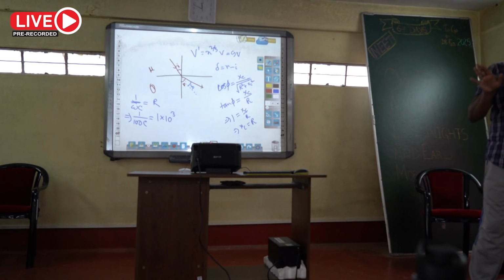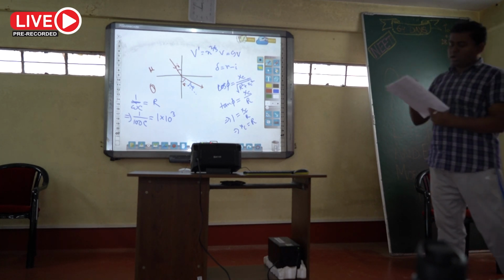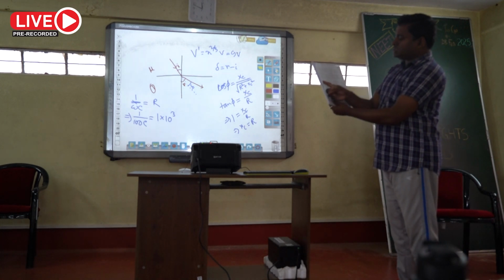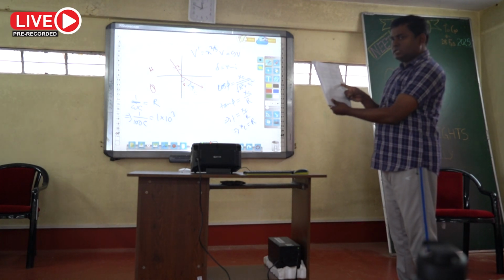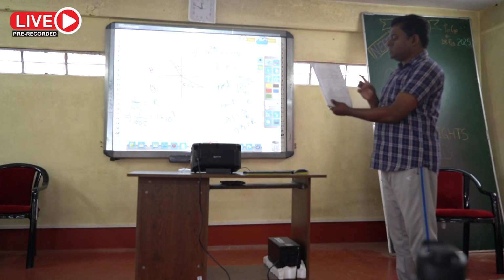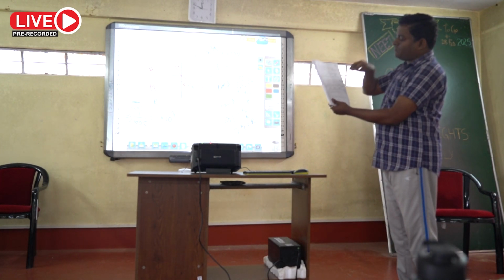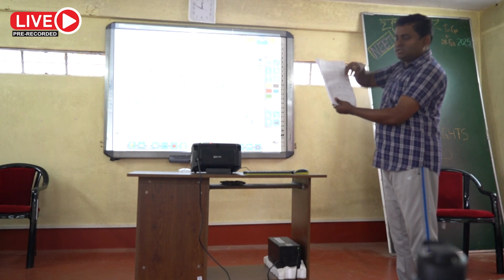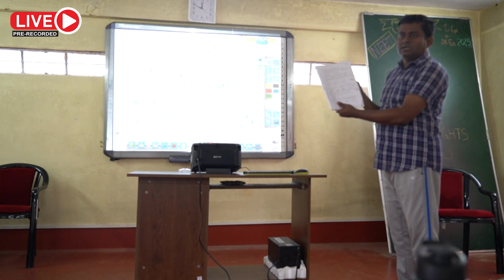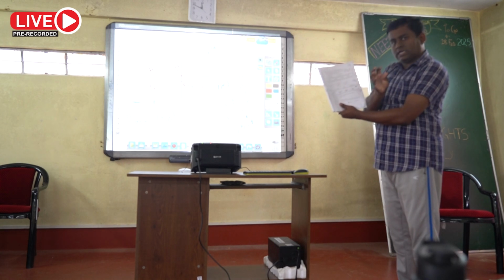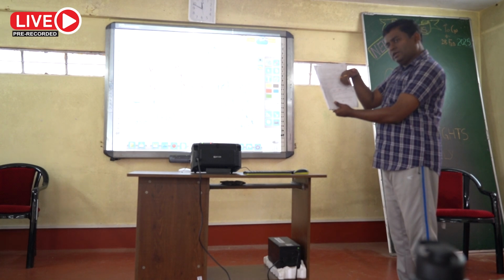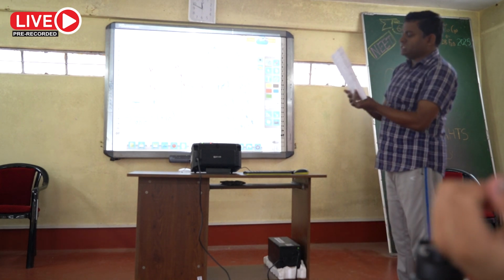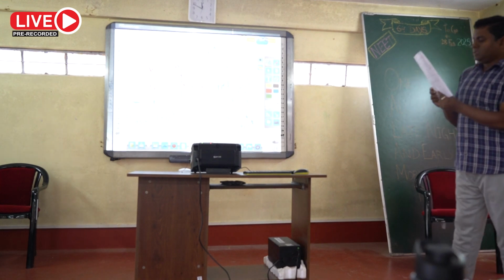In options 1 and 3, it is confirmed: this loop is going at a constant velocity, and this one at an increasing velocity, into the region of magnetic field. So in these two cases the number of field lines going inside will increase, so the induced EMF will try to send more field lines to the outside. It means north pole is here, south pole is here, so the current should be anti-clockwise. That is confirmed. Now I will check the B ones.